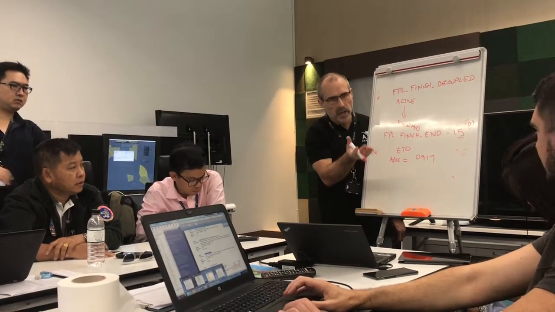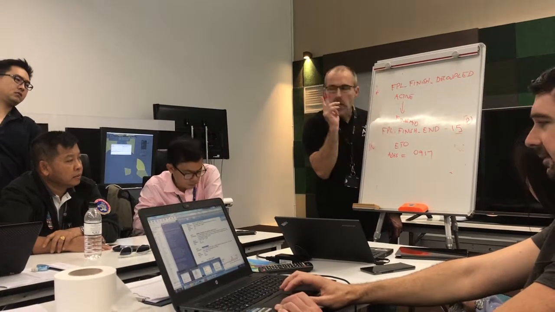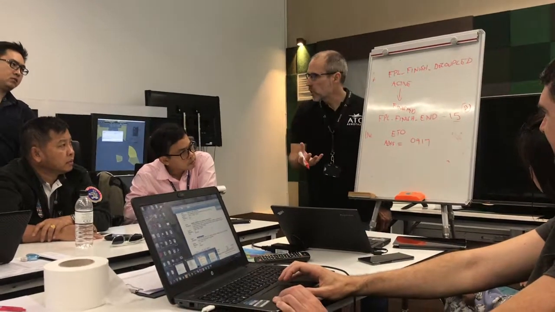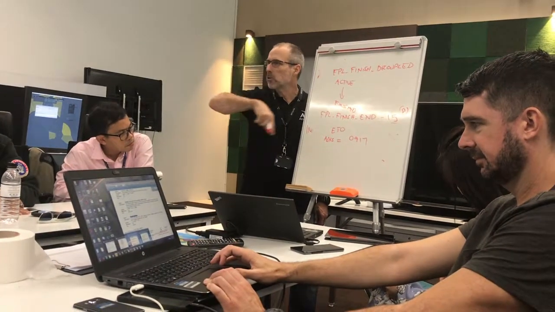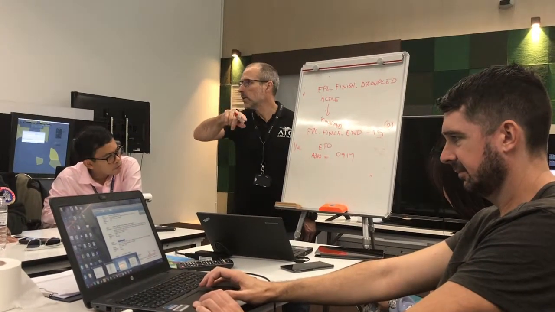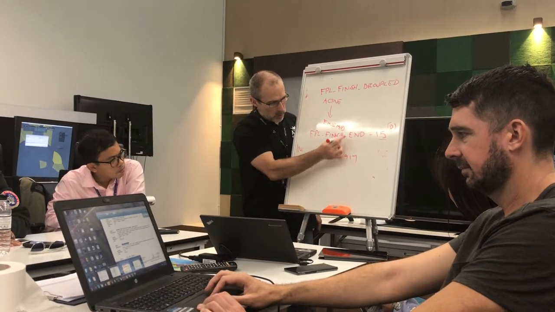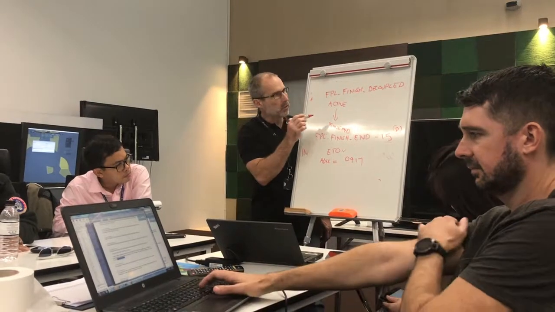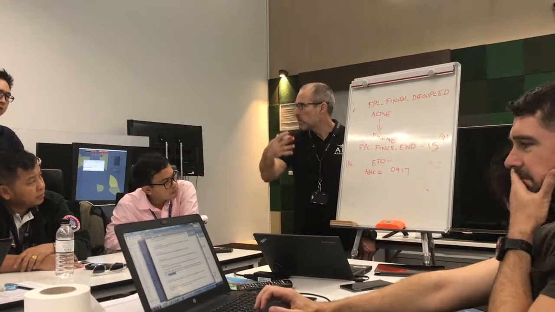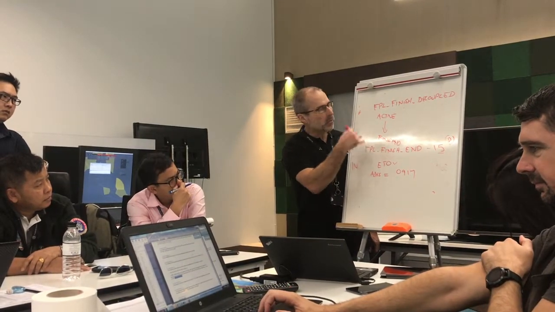That's what Jamie was saying, that the flight plan track could possibly hang around for 15 minutes, except if it remains coupled. Let's say the aircraft arrives and then decides to do some circuits for half an hour. Even though it's already reached the ETO plus 15 minutes, because it's coupled, this one takes over and it will keep the flight alive in the system, and then eventually it will decouple.